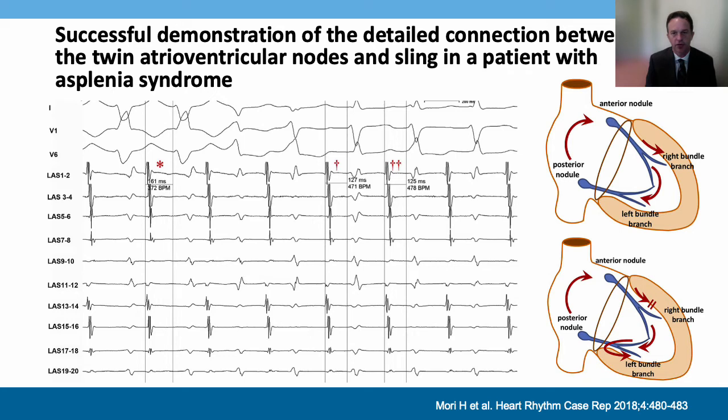And this occurs when there is a continuous conduction sling, whereby the electrical impulse has to travel through the conduction sling to the other bundle before it reaches the ventricular insertion, resulting in a long AV interval, which then normalizes when the right bundle branch recovers. If there are 2 separate ventricular insertions, then the activation of the ventricle would occur with similar timing regardless of bundle branch block.